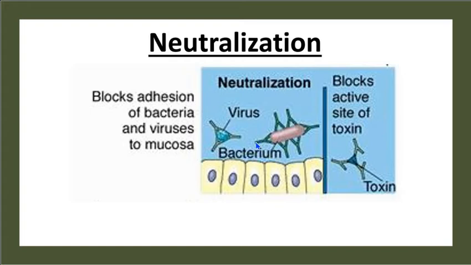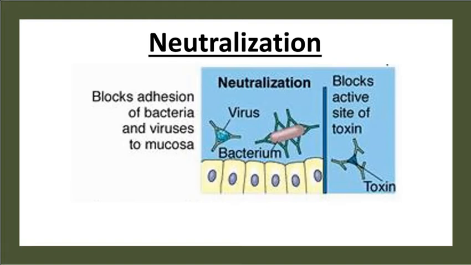Okay, so what you can see is on viruses or bacteria, basically what happens is these Y-shaped antibodies just cling to them. And it prevents the bacteria or the viruses from actually being able to touch your cells, and it prevents them from being able to damage your cells at all.